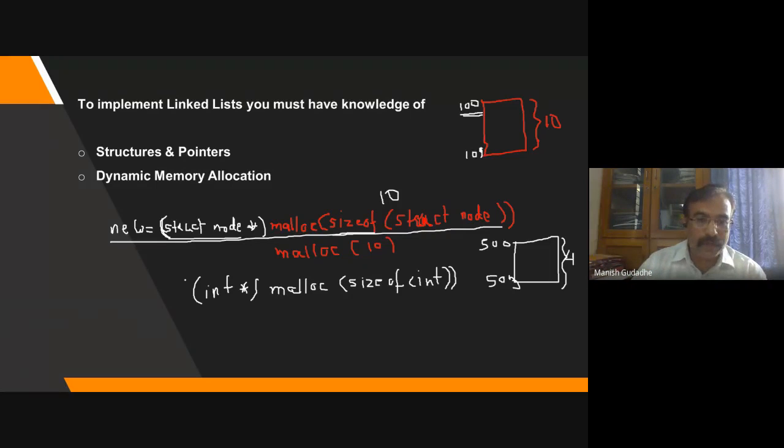Let us say that its name is P. So this way I can allocate dynamic memory for a particular purpose. I hope you have understood what dynamic memory allocation means.